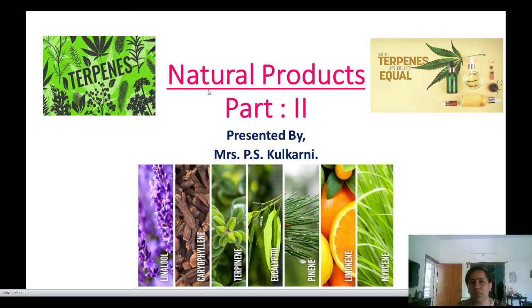In this isolation we saw three to four methods, such as solvent extraction and extraction of essential oil from plant sources. Along with this we have also seen some common characteristics of the natural products.